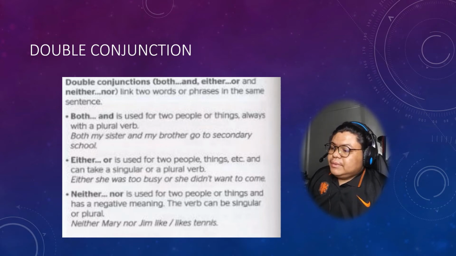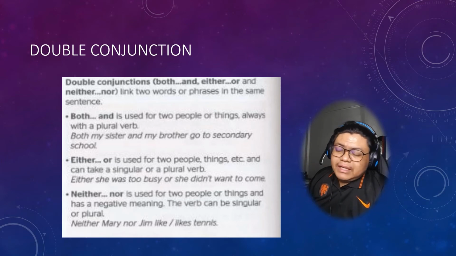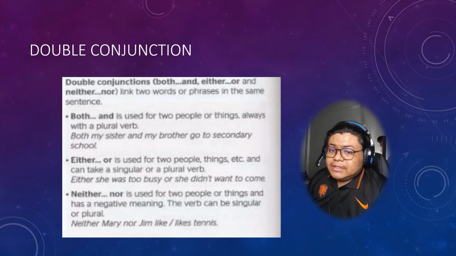Okay, so maksudnya kat sini ada dua kemungkinan. Okay, kemungkinan satu busy, kemungkinan kedua tak nak hadir, tak nak datang. Okay, so kita gabungkan kedua-dua kemungkinan tu dan kita pakai either. Okay, either she was too busy, sama ada either tu macam sama ada lah, sama ada dia terlalu sibuk, ataupun or okay, she didn't want to come, dia tidak mahu datang, tidak mahu hadir.